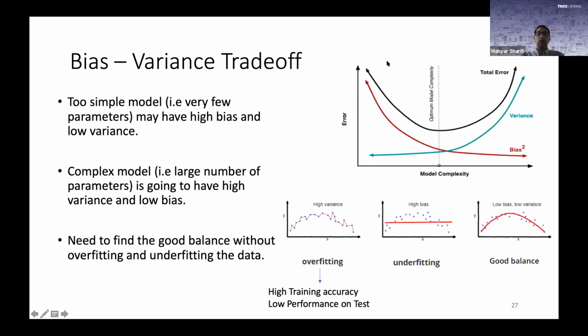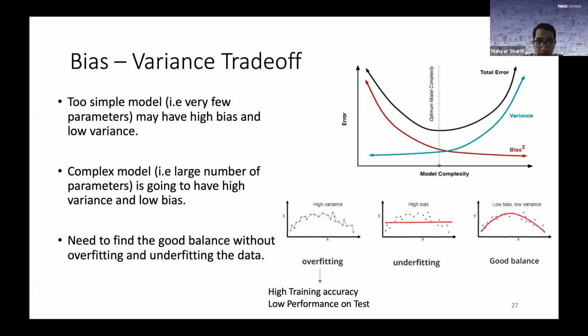I want to specify two things that are very important with any machine learning model. The first one is the bias of the model, which is essentially the difference between the average prediction of our model and the correct value that we are trying to predict.